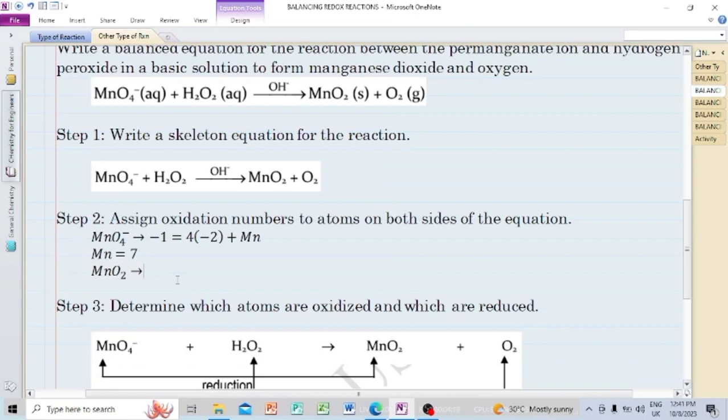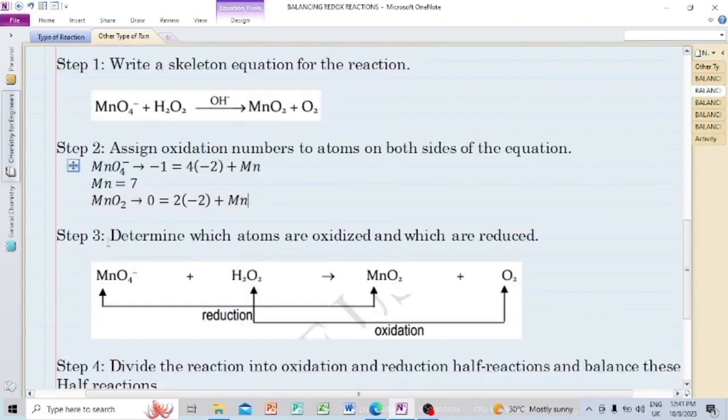So 0 is equal to 2 times -2, which is -4, plus Mn.